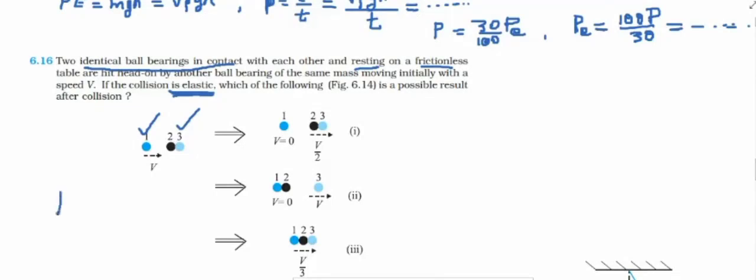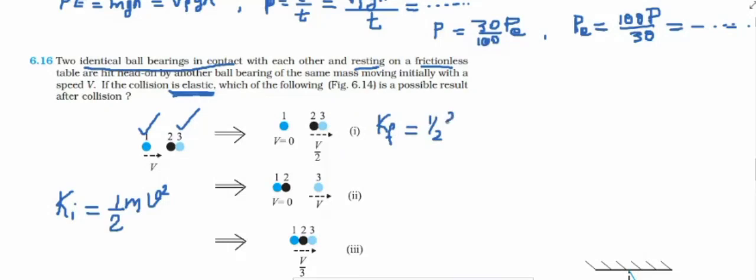So first we can calculate the initial kinetic energy. Look there, only one ball is in motion. We take the mass of the ball as m and velocity v, so the kinetic energy is half m v square. Now take case 1. The final kinetic energy, you can see there, 2 balls are in motion with velocity v by 2.